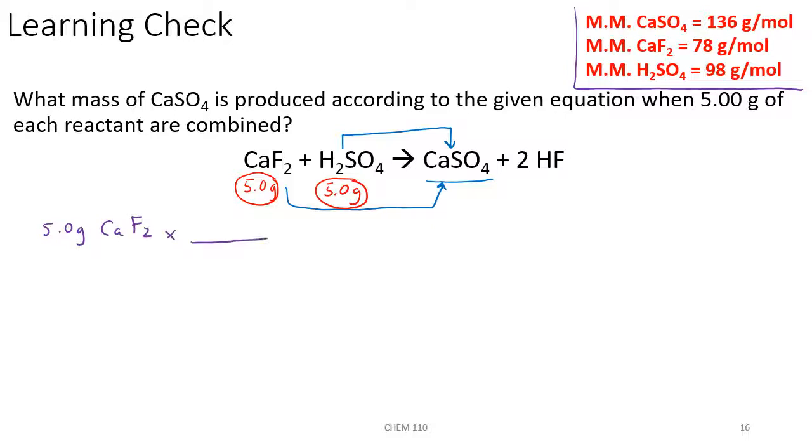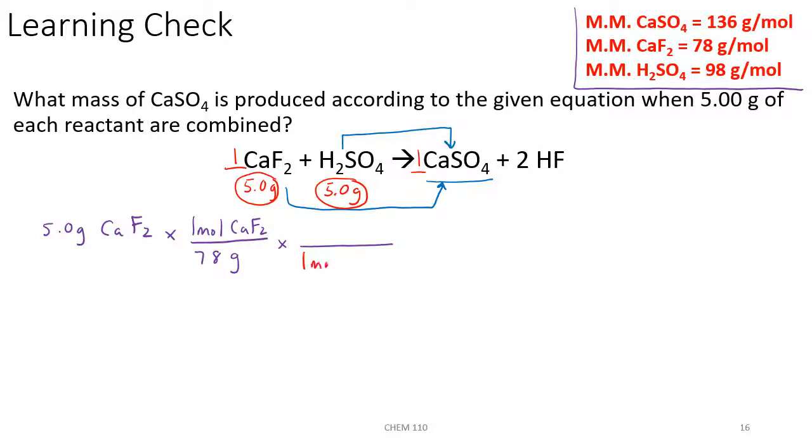And in order to use our balanced equation, we're going to have to convert our grams into moles. And we have the molar mass in the upper right corner, 78 grams is 1 mole of calcium fluoride. From our balanced chemical equation, we can see that the calcium fluoride reacts in a 1-to-1 ratio to form our calcium sulfate.